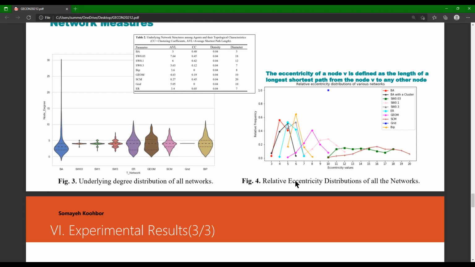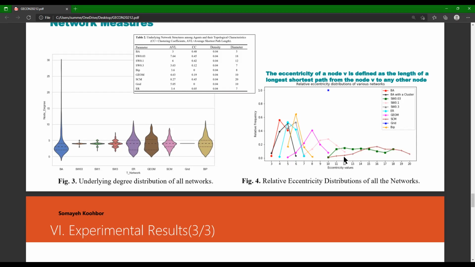So we tried to look at the relative eccentricity distribution among the network, and we observed a very long shortest path from any node in this SCM network to another node. If you remember, SCM had a very large diameter here, 20. But that can be different across all the nodes.